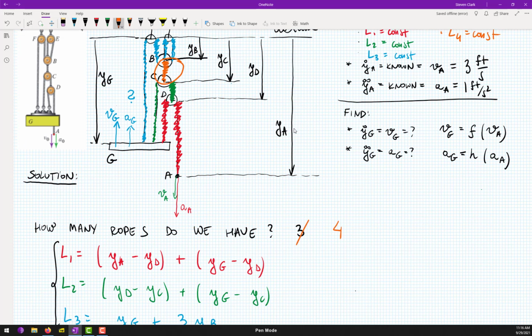So L4 is YC minus YB. And if you take the first time derivative of that, you will end up with VC equal to VB. And this is exactly the fourth equation we're looking for. Thank you. Okay, so VC equals VB.